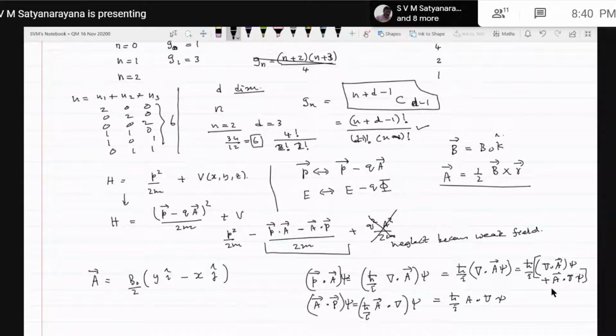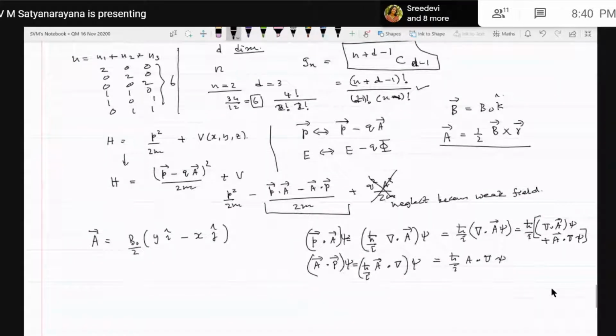Okay. So when you write it like this, both are minus signs.